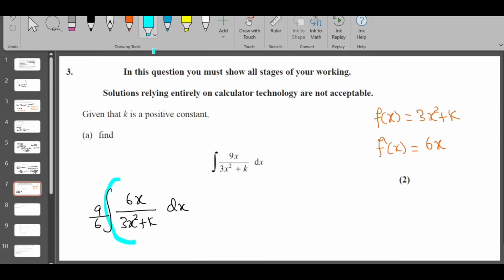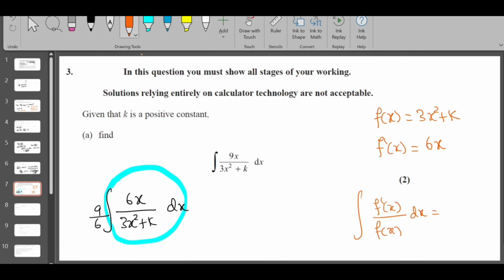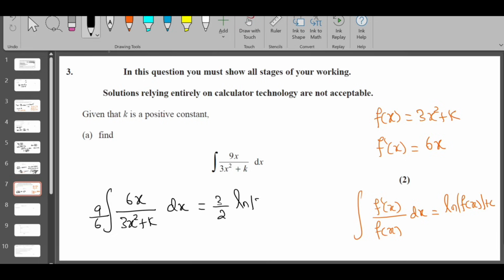Why I'm doing that? So this looks exactly like integral f dash of x divided by f of x dx. When you apply reverse chain rule, you will get ln f of x plus c. So 9 over 6 is 3 over 2 ln (3x square plus k) plus c.